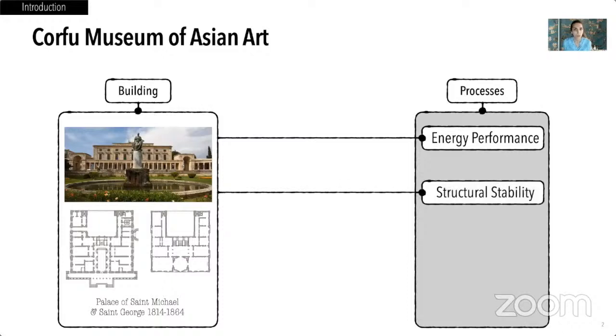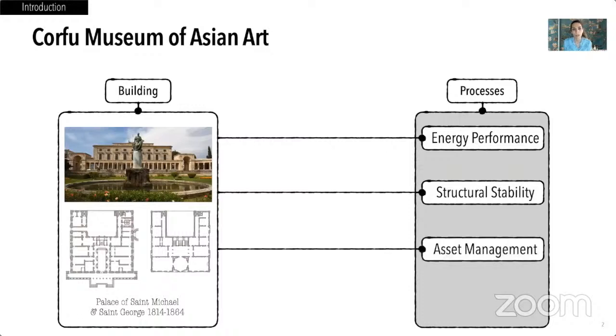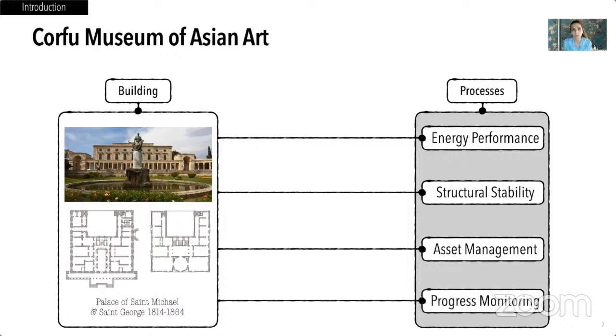We had to care about the structural stability of the building since it is an earthquake-prone zone. And we also had to care about asset management because there are many temporary and permanent exhibitions happening within the space. And finally, progress monitoring, because there are always some renovations going on or some new constructions within a museum.